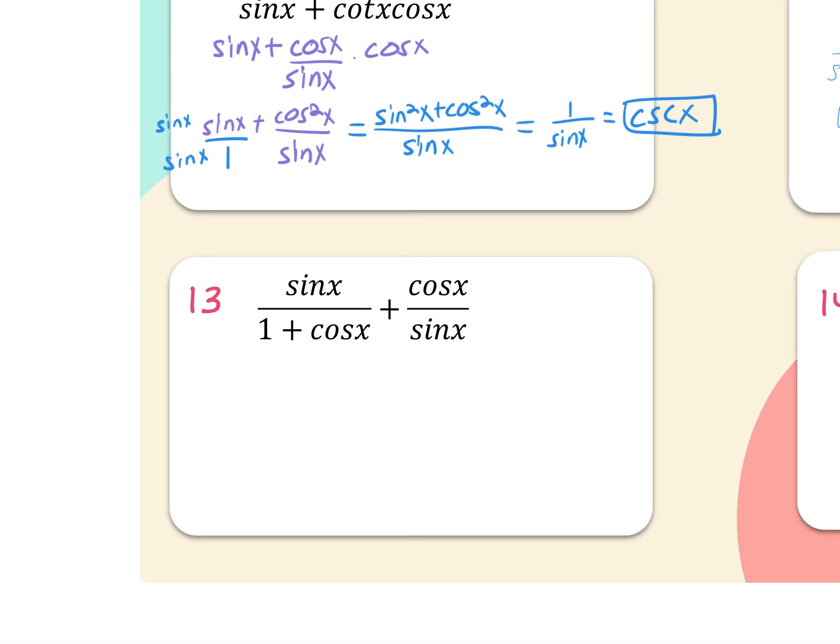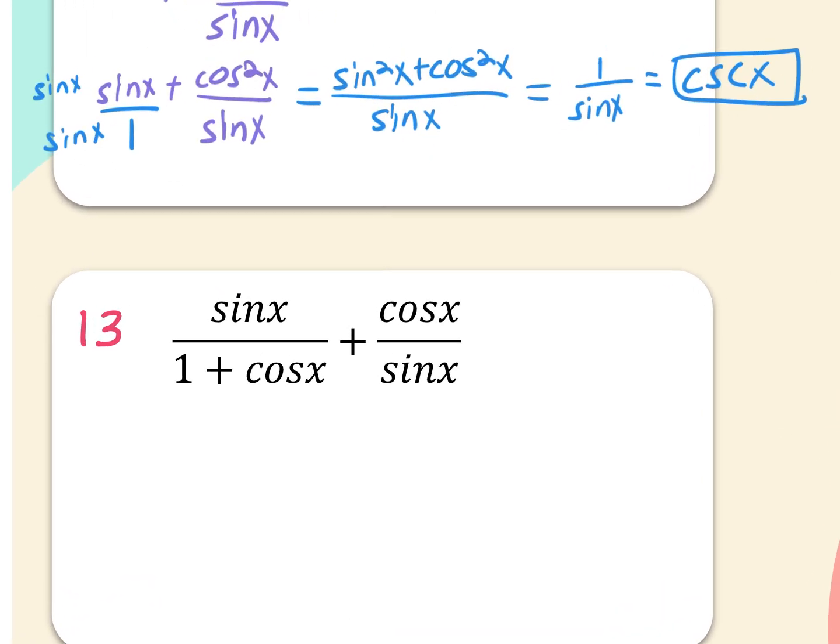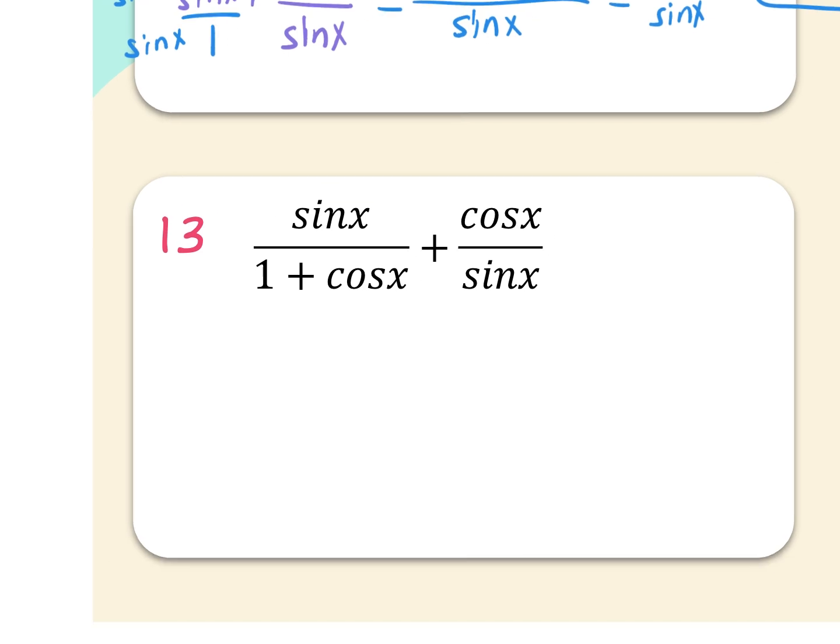So let's try the same thing with this next one. Again, the goal here is to simplify, and it looks like we're starting with a very complicated expression. I have a fraction plus another fraction, and they don't have the same denominator. So what your instinct should be in all of these kinds of problems is to give it the same denominator.